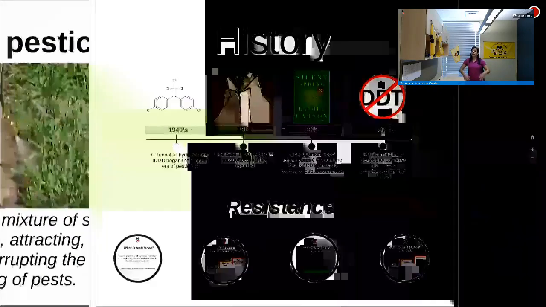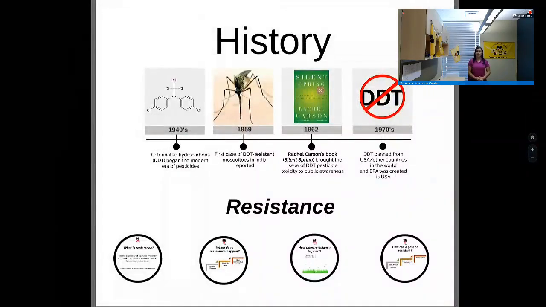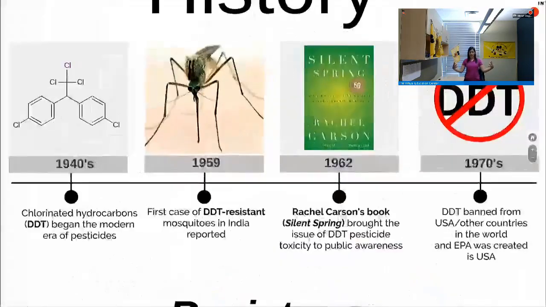So human beings, us, have been using pesticides for a long period of time. But the new era of pesticides actually started for urban pests in the 1940s when the chlorinated hydrocarbons such as DDT were discovered, and then began the modern era of pesticides.